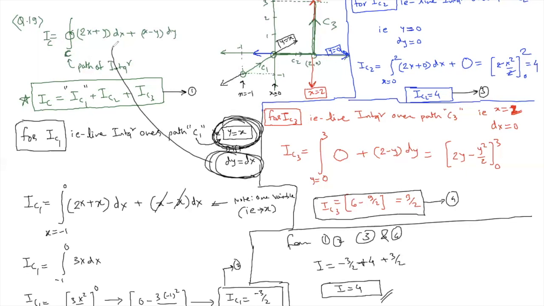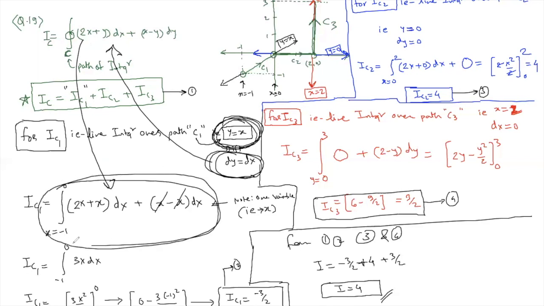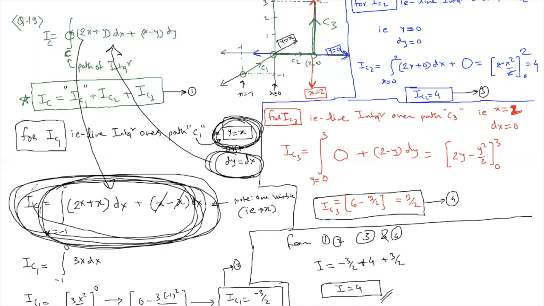I put those conditions back into the integral, and I get a new integral. The new integral is no more a line integral. It is the regular school integral that we've learned before. This integral we already have done. Then you simplify this.